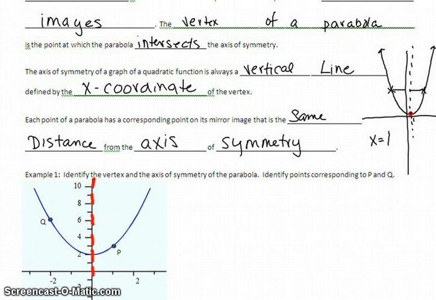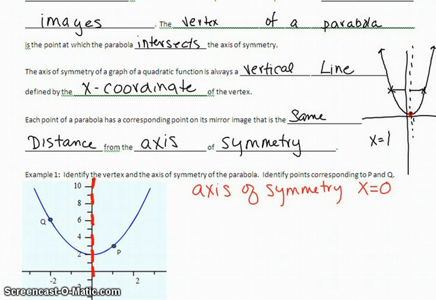So that looks like my axis of symmetry is at the point 0, 2, so the line is x equals 0 for that axis of symmetry.